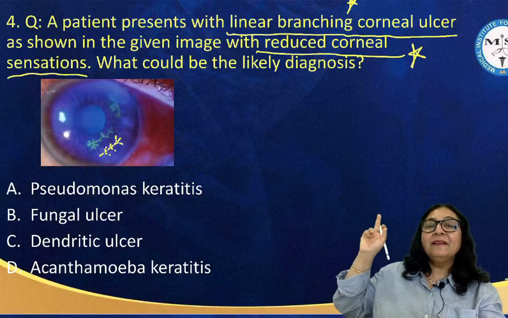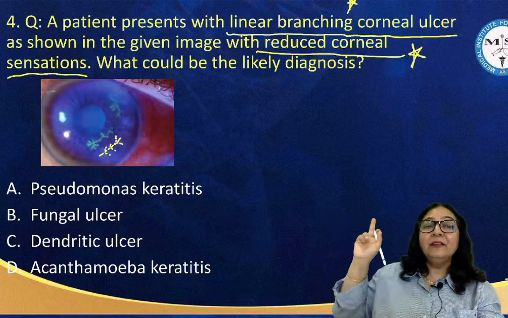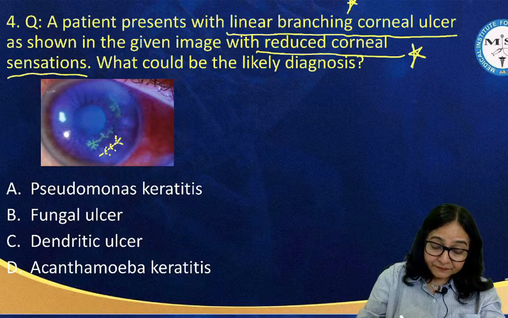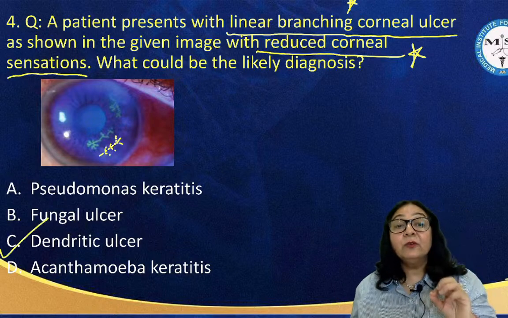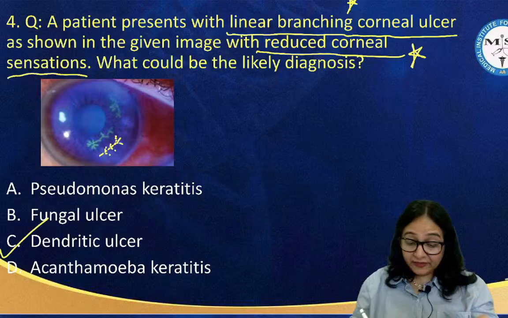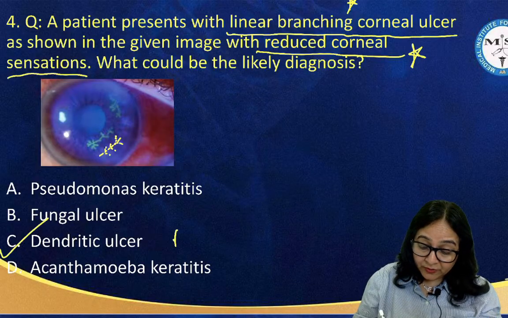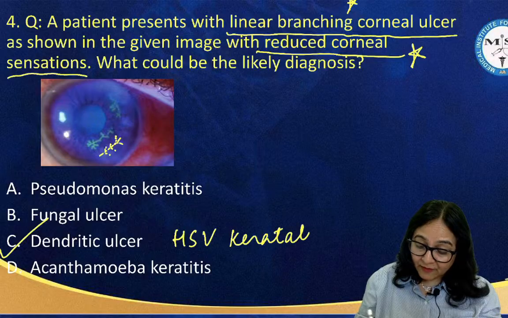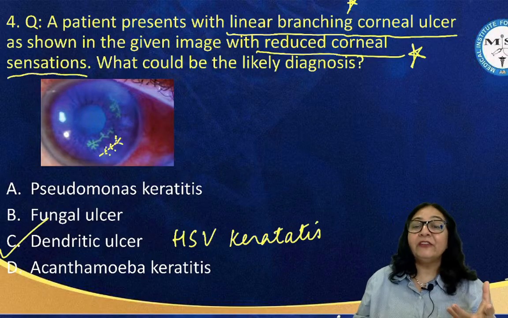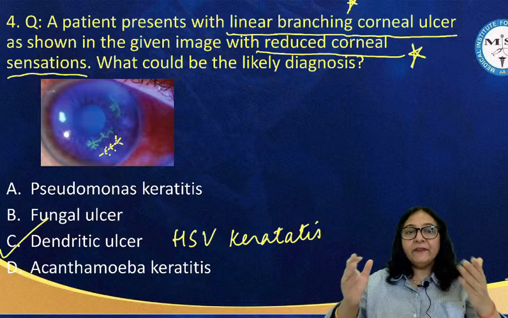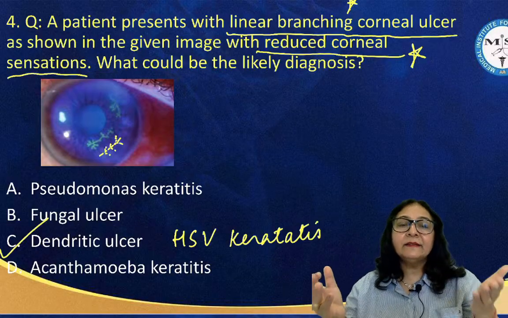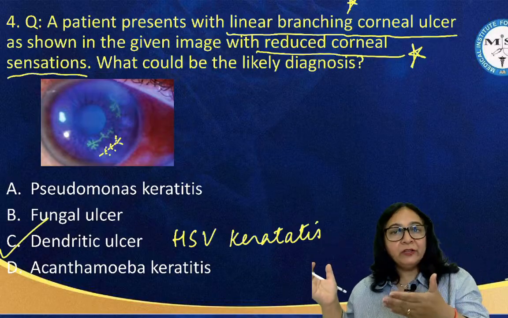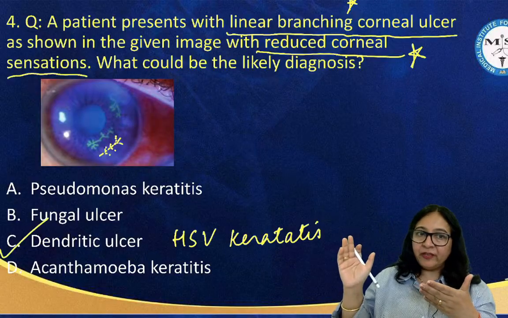So these two things, linear branching corneal ulcer and reduced corneal sensations, made our diagnosis very, very clear that this is the dendritic ulcer. We do not know whether they were asking the organism, that is herpes simplex virus keratitis, or they mentioned the term dendritic. Now obviously bacterial ulcers like pseudomonas do not have reduced corneal sensations or branching.